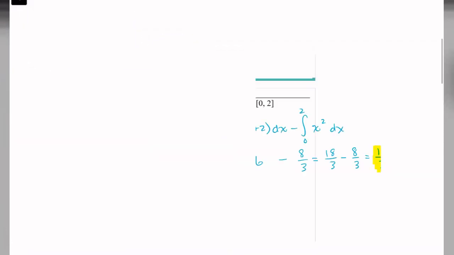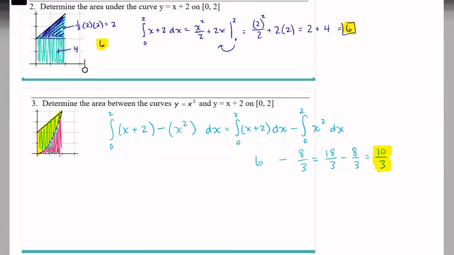Now, I also want you guys to remember that you can do this completely in your calculator. If you were to use Math 9, and there's a good portion of the time that these are going to be calculator questions for you. So we can just do the integral from 0 to 2 of x plus 2 minus x squared dx.